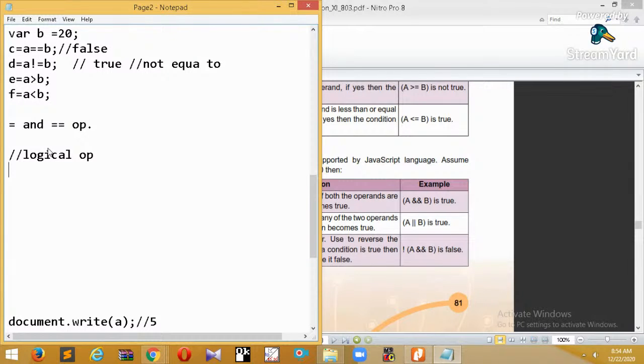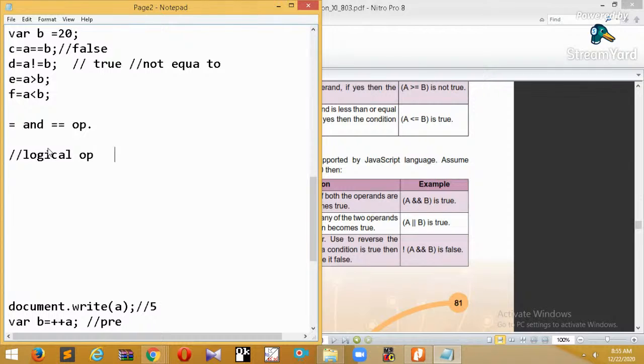Whatever operators we are discussing now, you have to remember them each moment, because whenever we do larger or logic-based programs, these operators will be used every moment. You have to know the concept of these operators.